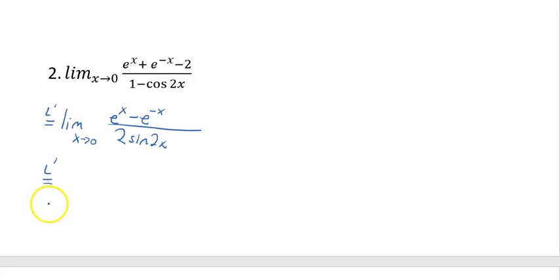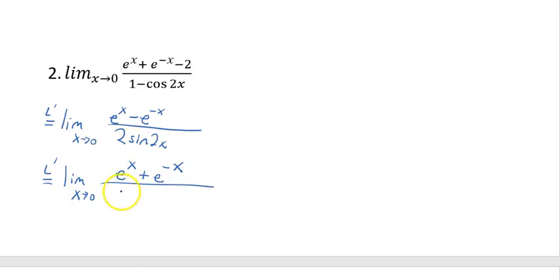Put another equals mark with a little L apostrophe above it. Bring down the limit. And then take your derivative. So the derivative of e to the x is e to the x. And then I have minus the derivative of e to the negative x, which is e to the negative x times negative 1. And again, that times negative 1 is just going to change that sign in front.